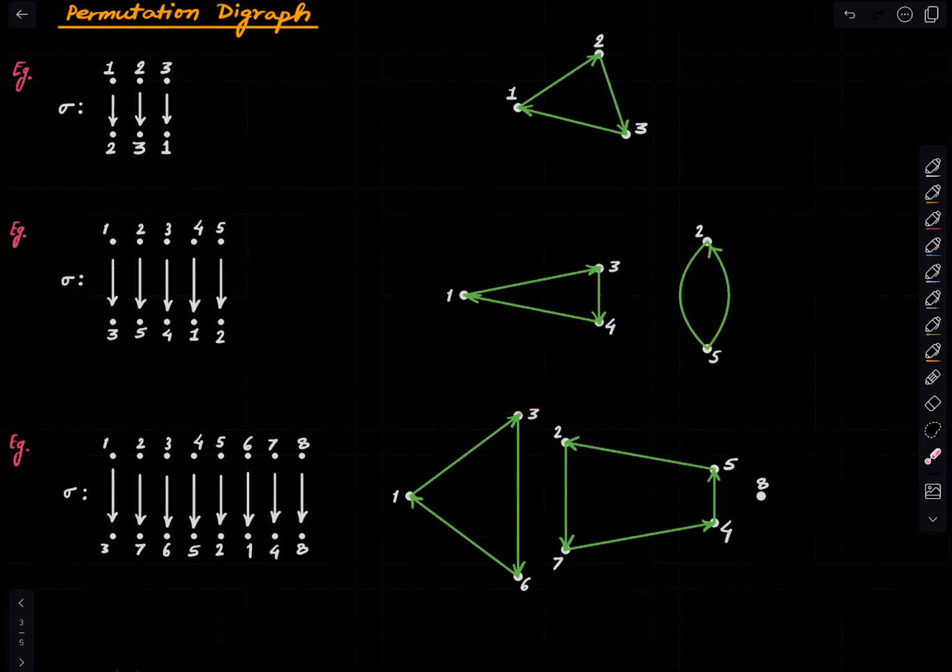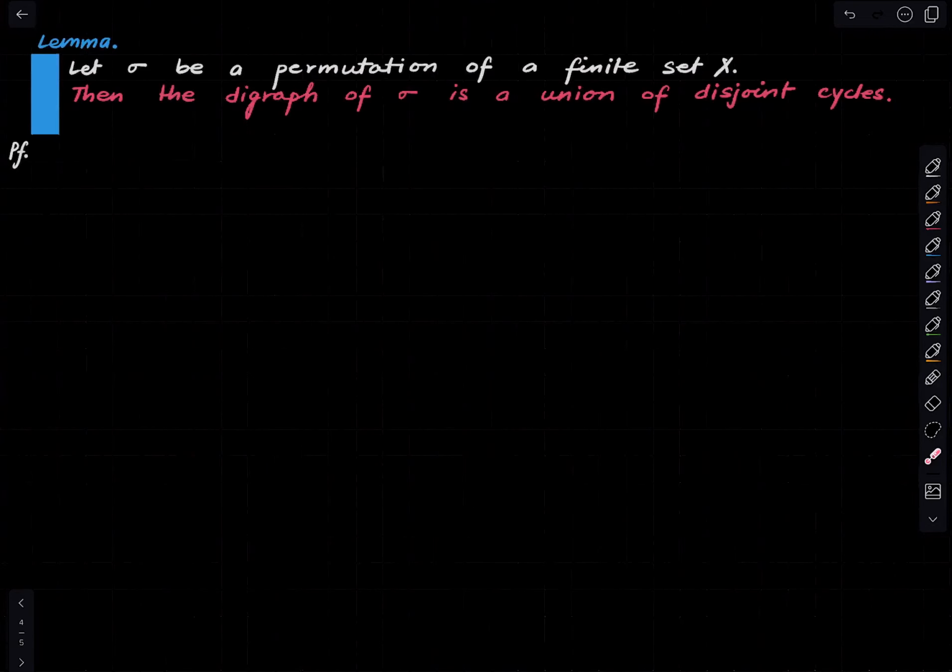You may see a big cycle also which contains all the vertices. That's okay. But what will not happen is that 2 different cycles interact in some way. That's not possible. So that is the next proposition. If you have a permutation of a finite set X, then the digraph of sigma is a union of disjoint cycles.